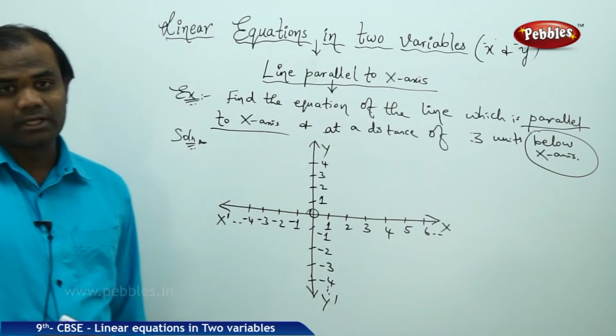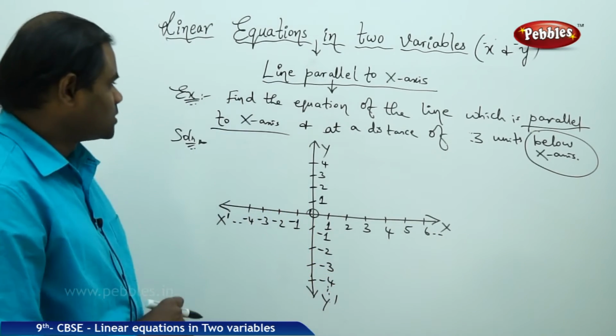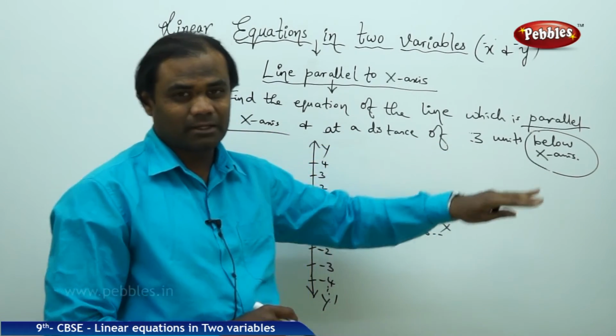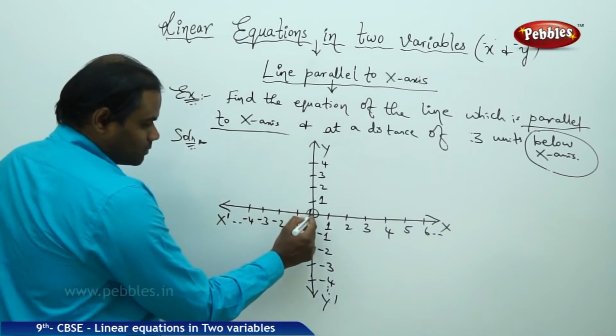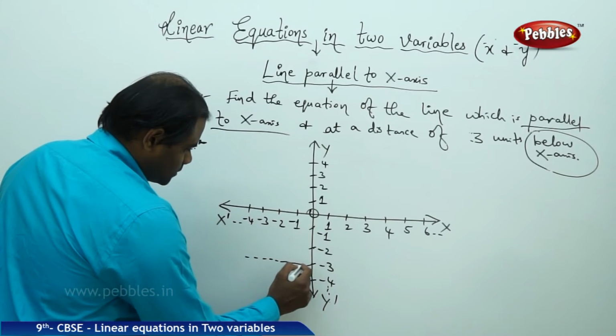That is how we get the scale taken as 1 centimeter equal to 1 unit. Now since the line is 3 units below x-axis and exactly parallel to x-axis, it moves 3 units down, and I have a line which is out here.